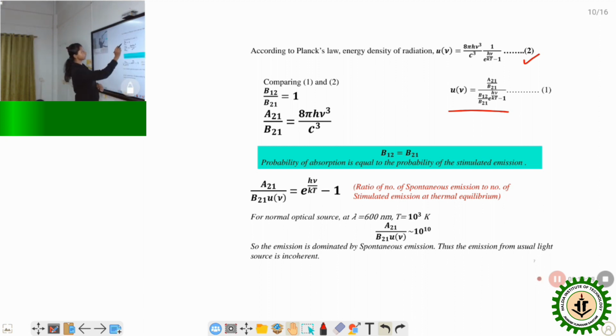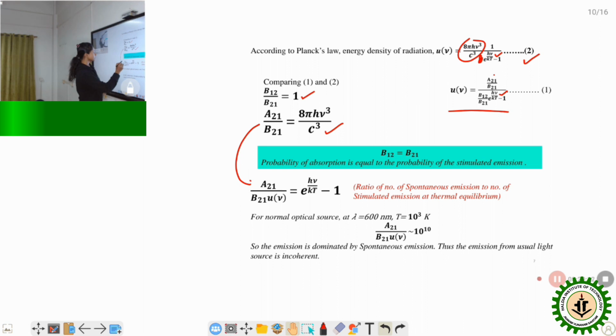And here we have seen that B12 equals B21. If we compare, here the coefficient is 1, and the rest of the part is the same as this one, so this constant value will be equal to this constant value. So we got this.